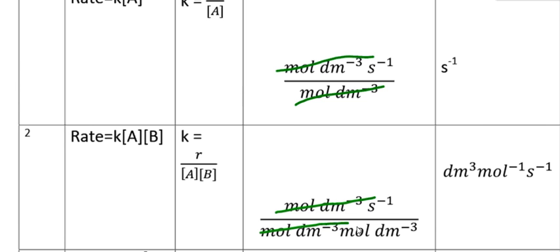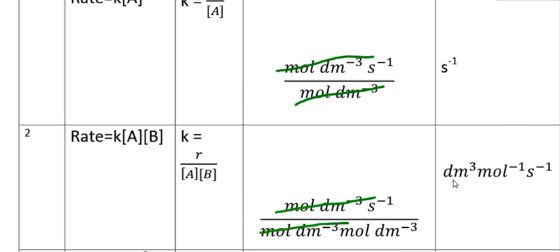So I end up with decimeters cubed. I've taken the decimeters, put it on top, so I've got rid of the negative sign. Moles to the -1, because it was to the power of 1, I've taken it onto the top, so I've put a negative sign in to indicate that, and I've left my seconds to the -1 the same.